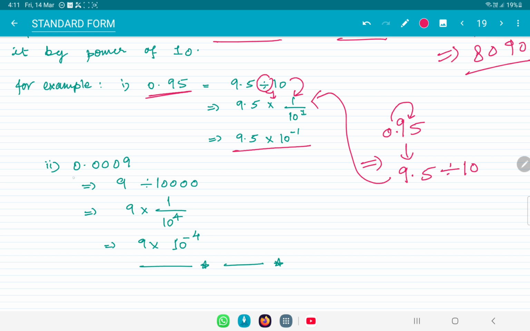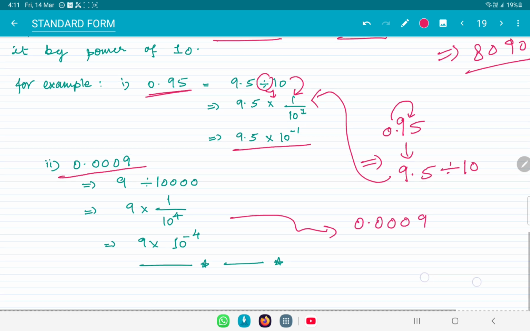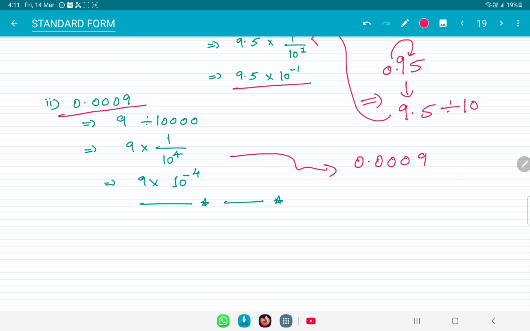Now see the next question. It is 0.0009. As you know, our decimal should be after 9, which means after one digit. So how many steps is your decimal moving? 1, 2, 3 and 4.